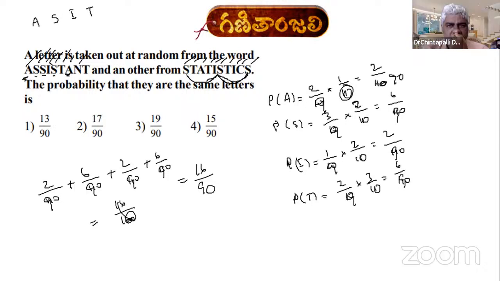But you wrote only 2. Yes, sir, that will be 9 by 90. So now the answer is 2 plus 9 plus 2 plus 6. 2 plus 9 is 11, 11 plus 2 is 13, plus 6 is 19 over 90. The option is 3, sir.